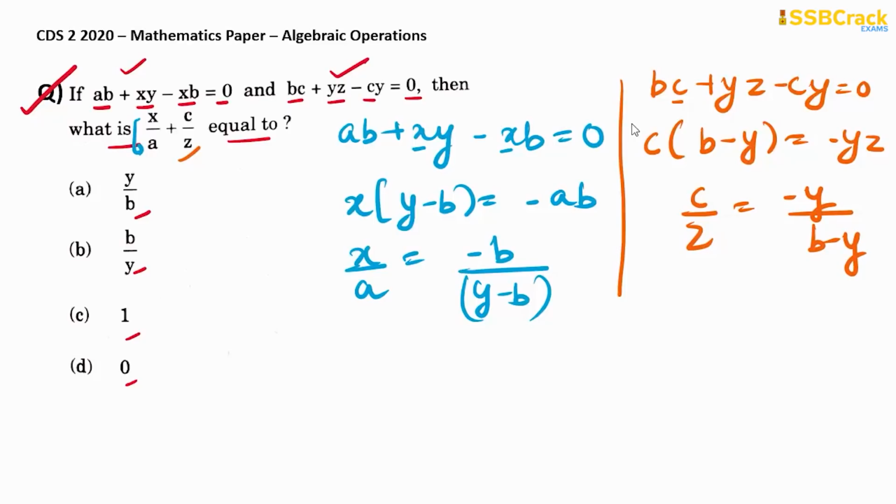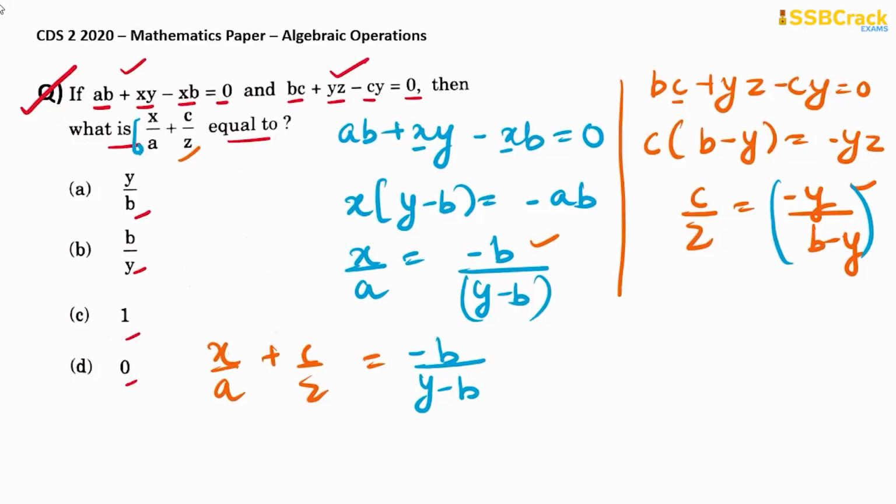Now we are required to add them. So we can add X by A plus C by Z, which will be equal to this term plus this term. So we can write here minus B by Y minus B. Now we can take minus common from the denominator here, so that we can have the denominators for both the terms the same, right?